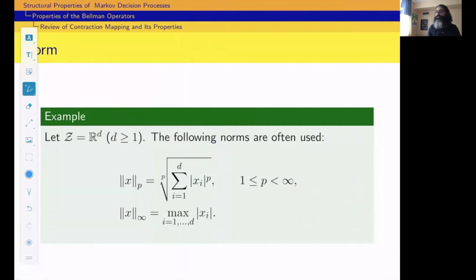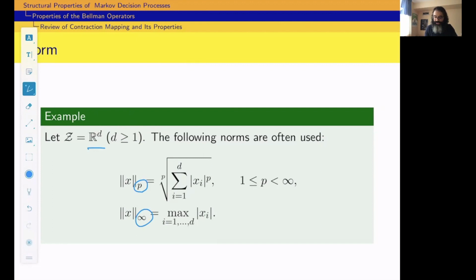So some examples of norms that you have seen: for a vector in R^d, we define the L_p norm or the L infinity norm this way. L_p is technically a bit different, but approximately that's true.